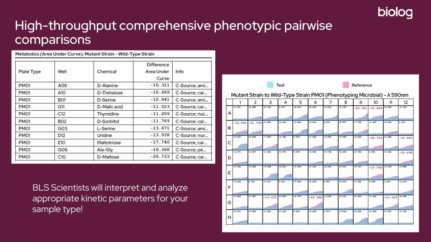These differences may either impact growth or cellular respiration. And this data will reflect which plate was utilized, the well, the chemical, the difference between the 2 strains depending on the parameters selected, as well as a description of the properties of each substrate or inhibitor in each well.